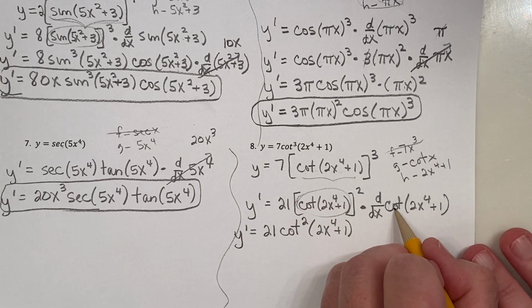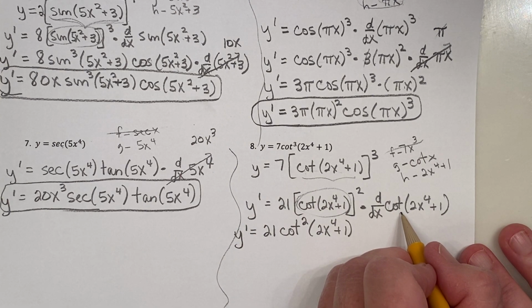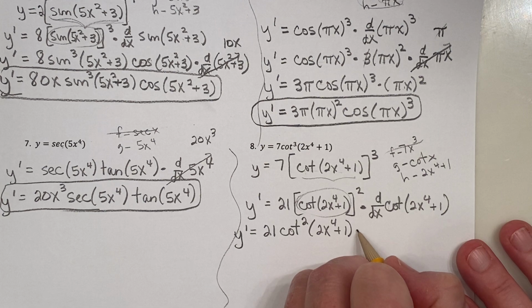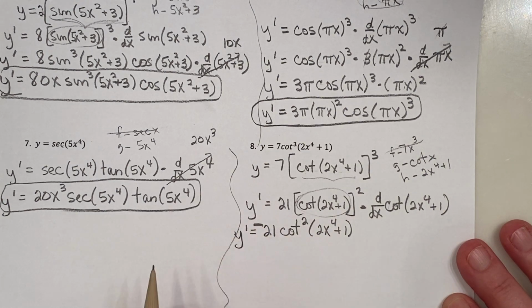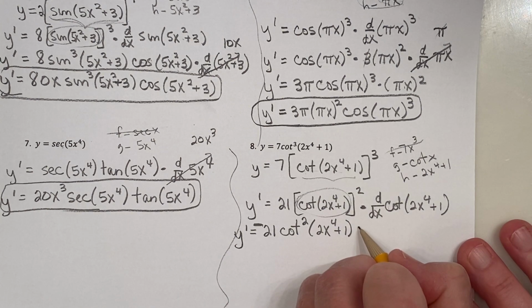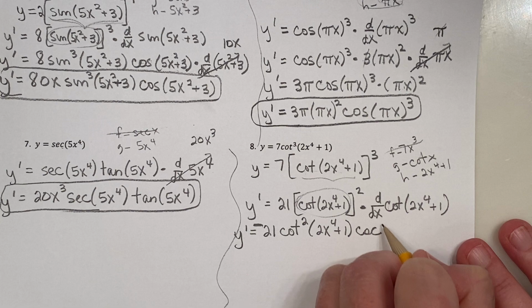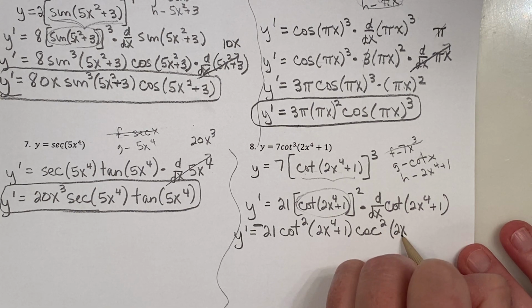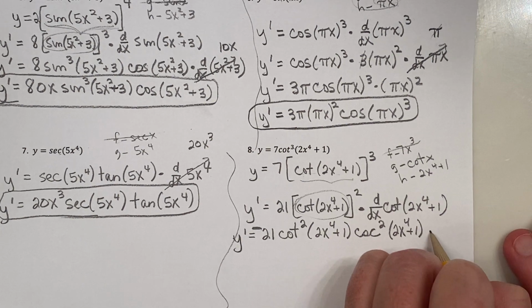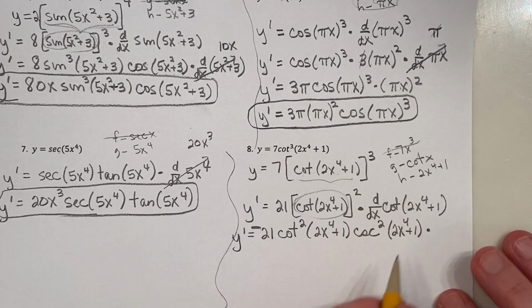All right, cotangent's derivative is negative cosecant squared. So I'm going to take that negative and go all the way up front and make the negative go on the 21. Leave 2x to the 4th plus 1 alone. But then we still have to find that derivative.